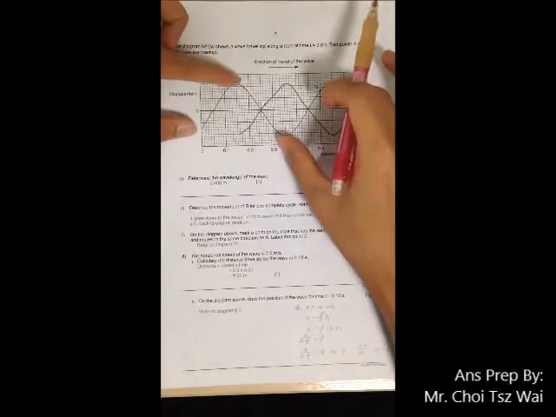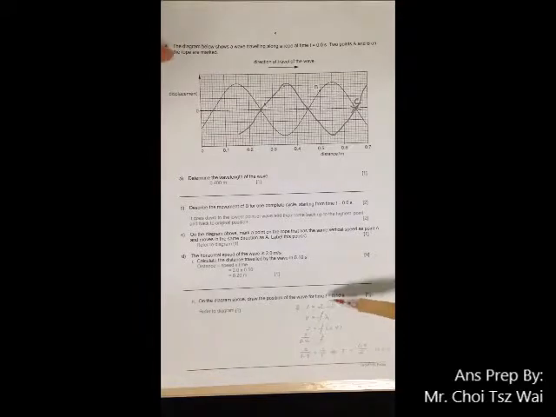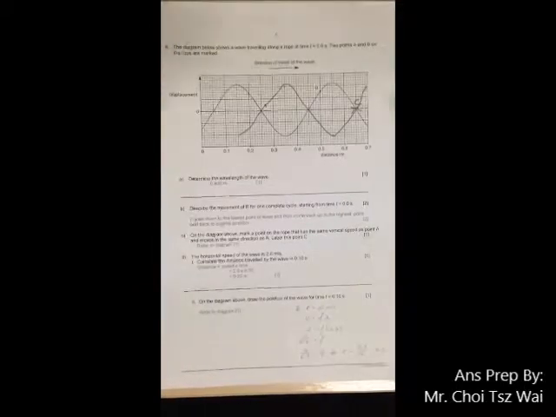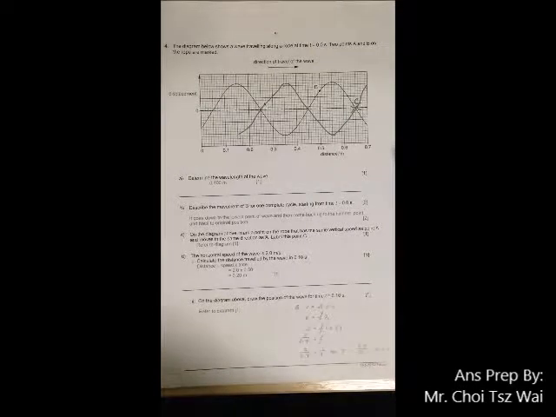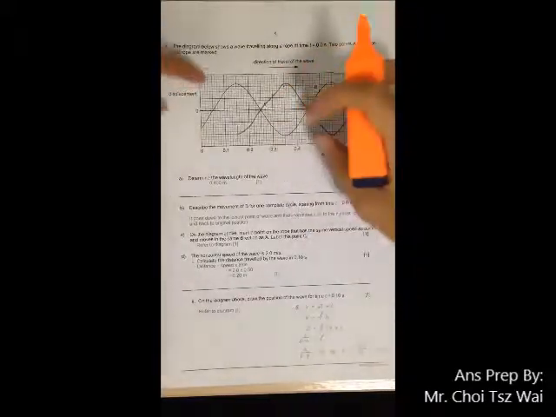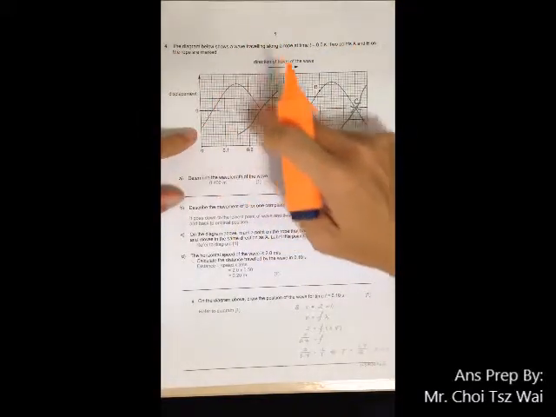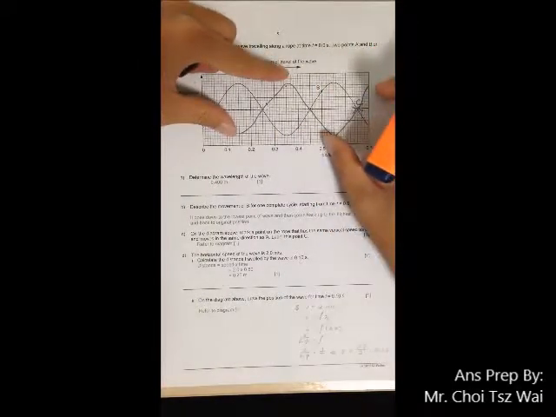So this entire wave is going to shift half a wavelength at t equals to 0.1. Therefore, you take this original wave, you shift it half a wavelength down.